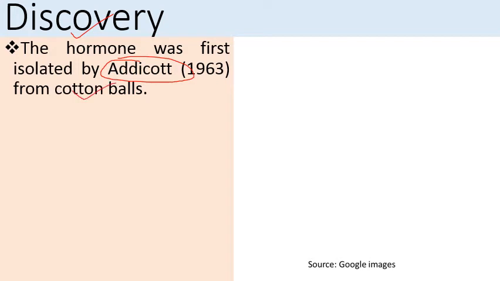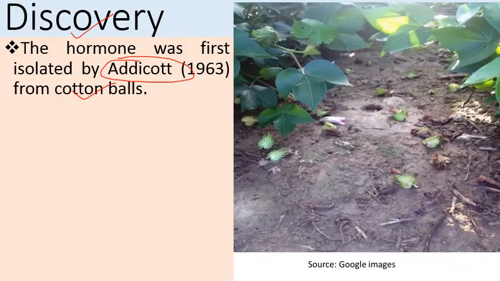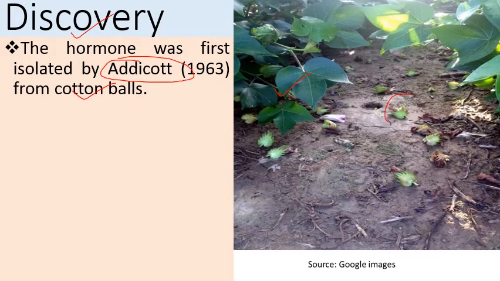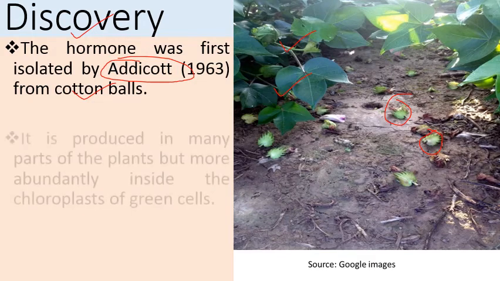He observed that the cotton balls were falling down from the parent plant, and the chemical substance responsible for this abscission of cotton balls was abscisic acid. So in this picture we can see the dropping of these cotton balls from the parent plant is due to this plant hormone, abscisic acid.